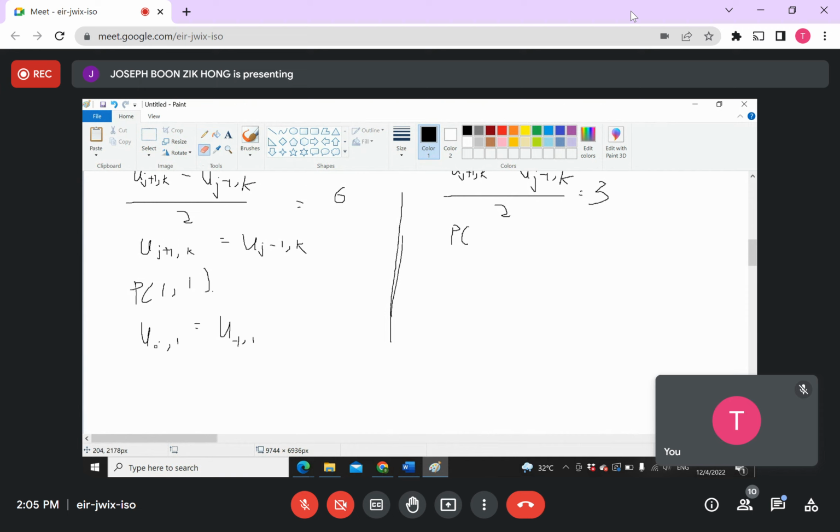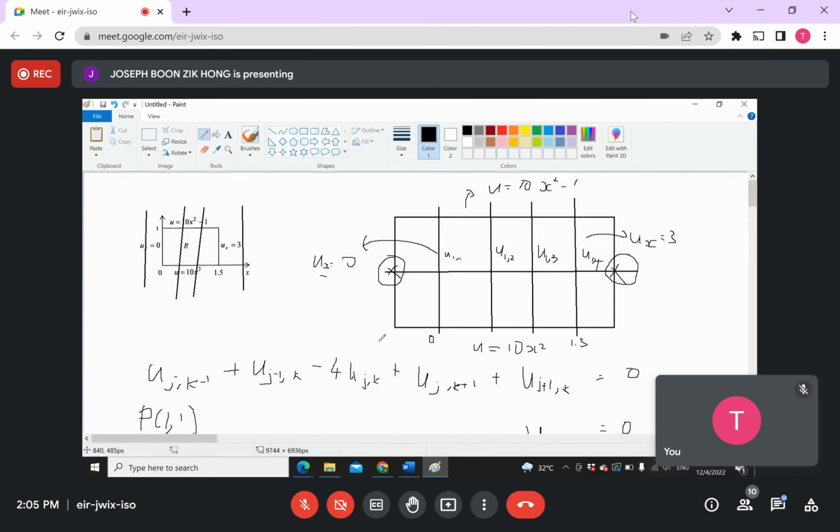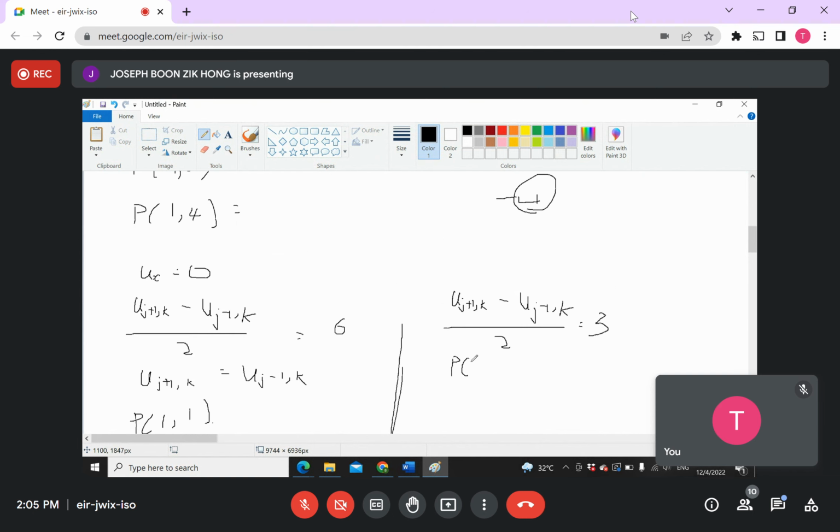This one should be 2 and 0. Okay, because ux equal to 0 is on the x equal to 0, so it's on this point. Okay, ux equal to 3 is on the x equal to 1.5, so it's this line. So that means this one should be equal to 3. So that means at the 0.14 should be 0.14.